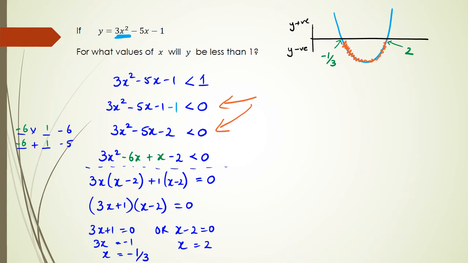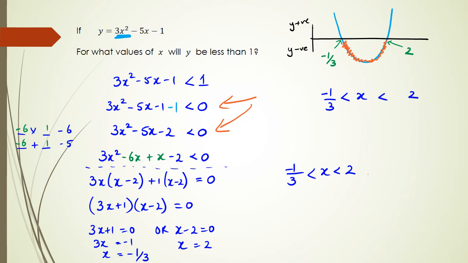Because I'm looking for this zone, I can write my values up. So it's between negative 1/3 and 2, and I put it between x like that. So my final answer is between negative 1/3 and positive 2.